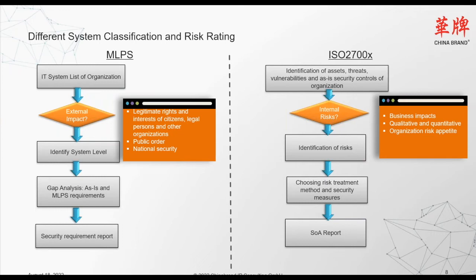You can make your own choices how to weigh certain risks. And then, of course, you can also more freely choose the risk treatment method and security measures. This is also a very big difference between these two standards that I will also be mentioning later on again.